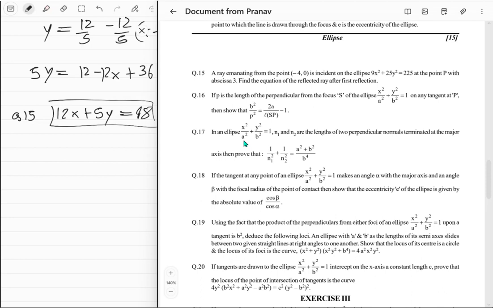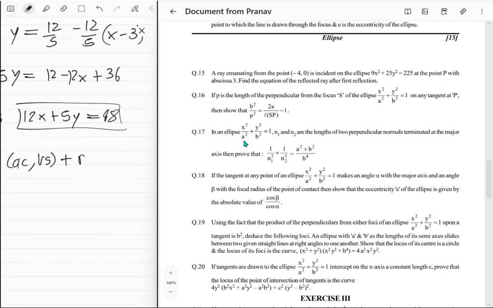So you got the point a cosine theta comma b sine theta, and you'll just have plus some multiple of this vector. By the way, for tangent, the vector was like the vector that's normal to the tangent. Okay, that's what I should say. That would just be cosine theta upon a and sine theta upon b, right?